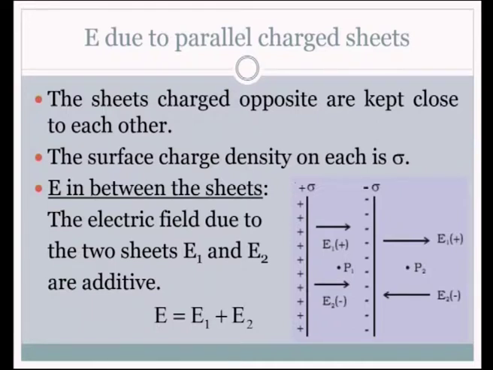Let us consider the two charged sheets in front of us like this. They are charged opposite. This is a positively charged sheet, this is a negatively charged sheet. The surface charge density on each is taken as sigma, that is the charge per unit area of the sheet.